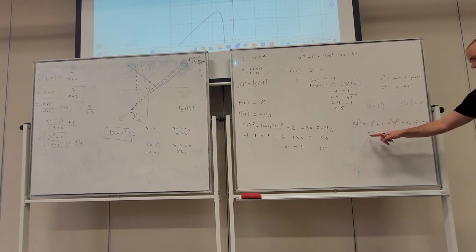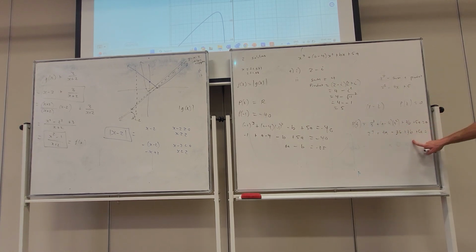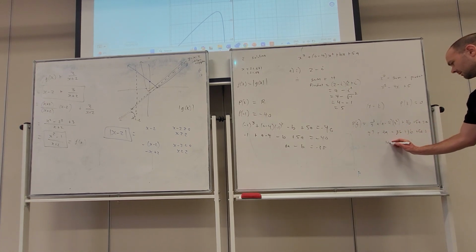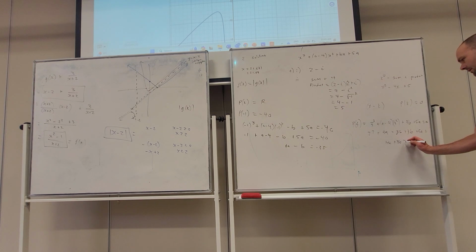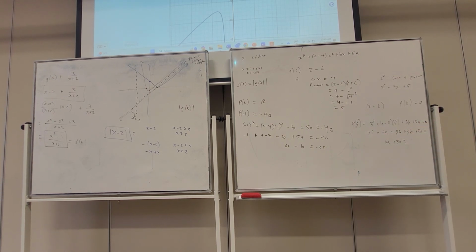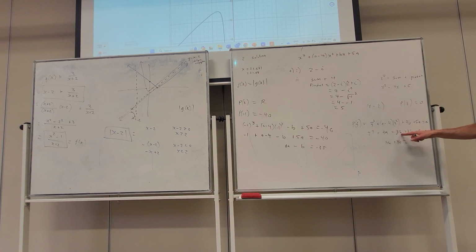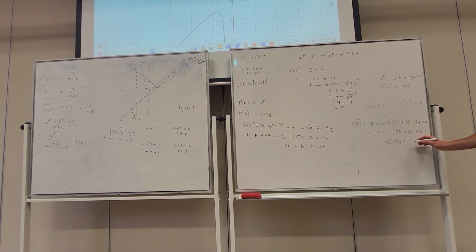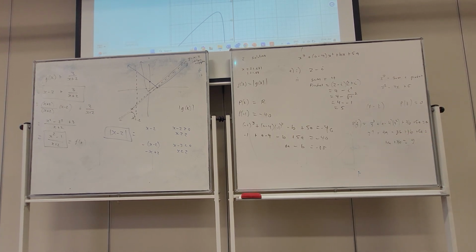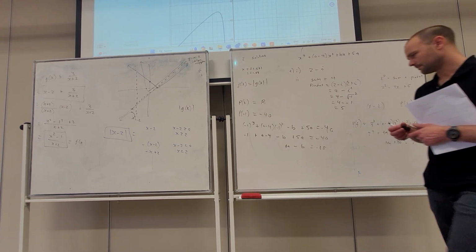Alright, so what have we got? 9a plus 5a, that's going to be 14a. We've got plus 3b. 27 minus 36 is minus 9. And then move it to the other side and get 9. Yep. Okay. Hence find the values of a and b.